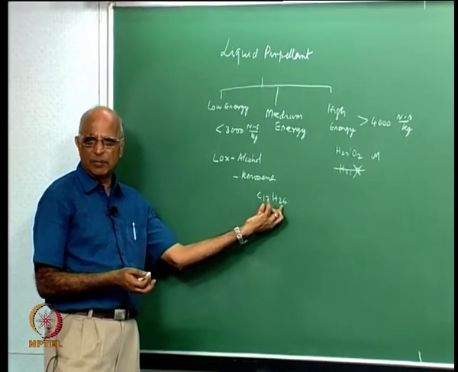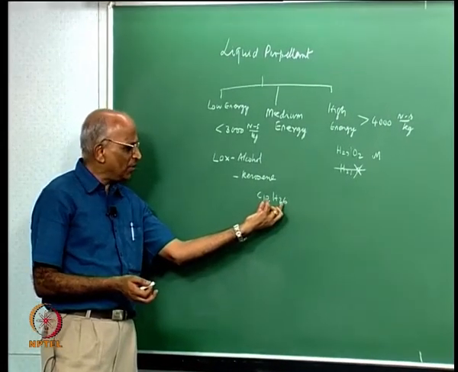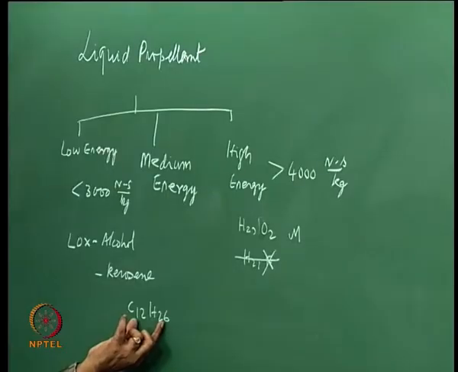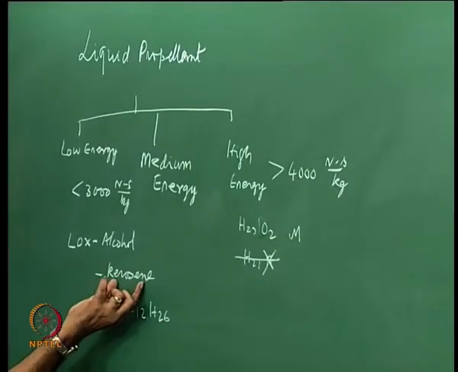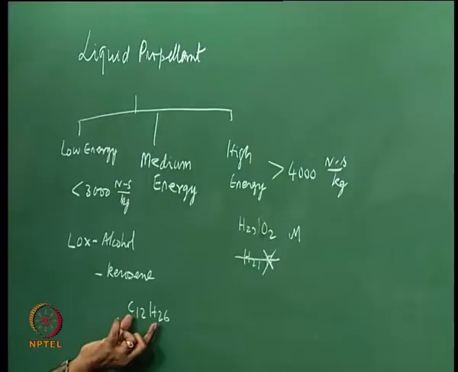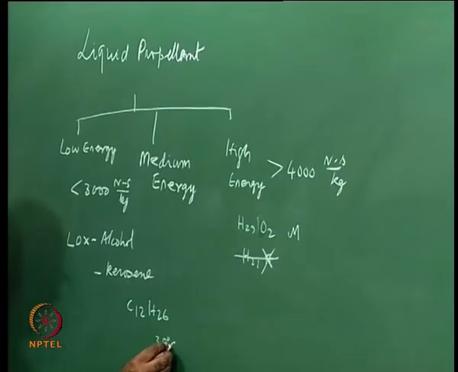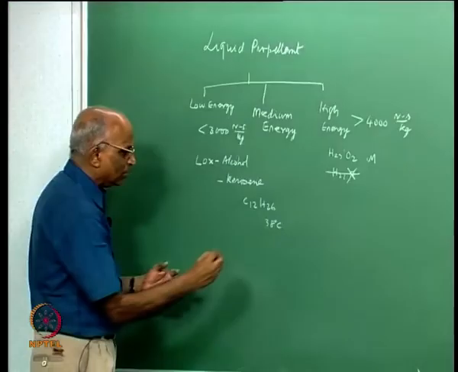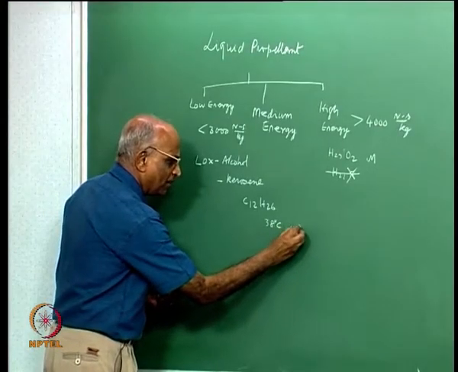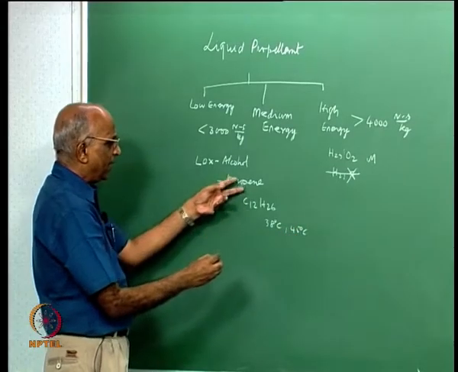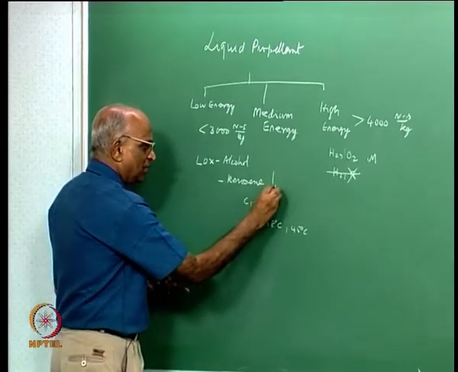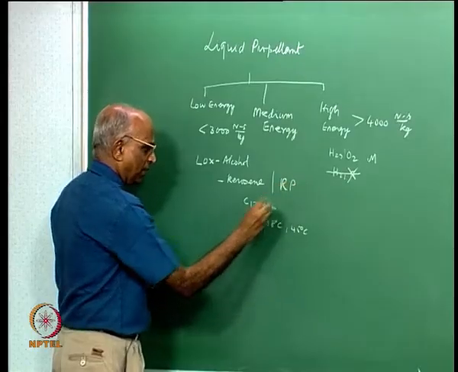It is not a pure chemical, and therefore while using it we need to be a little careful, and we do not use raw kerosene, because raw kerosene has a flash point around 38 degrees centigrade or so, and we wanted to increase it to something like 45 degrees centigrade, for which we added additives and called the resultant thing a rocket propellant.